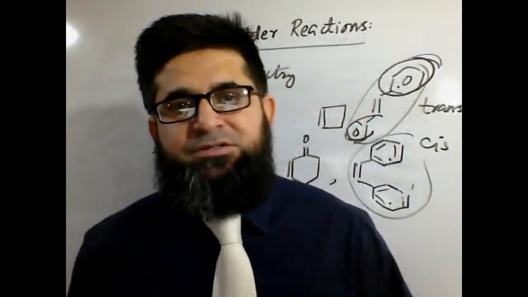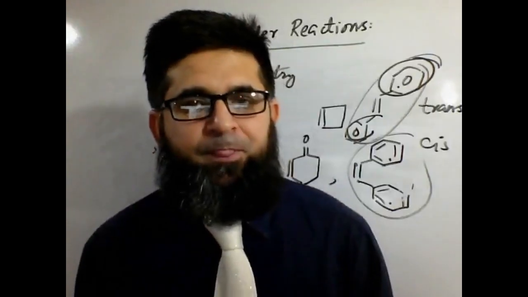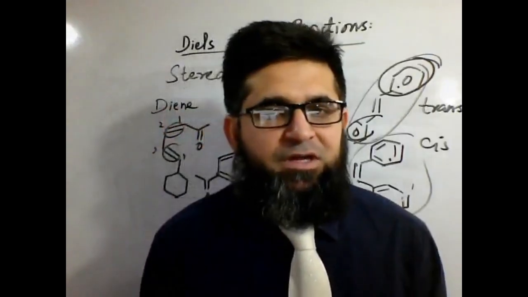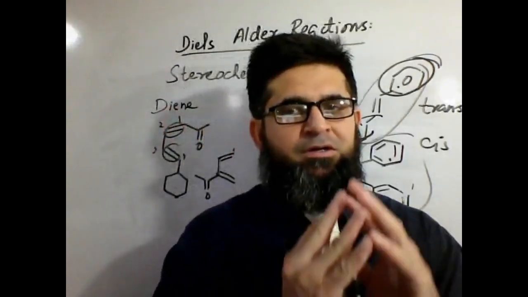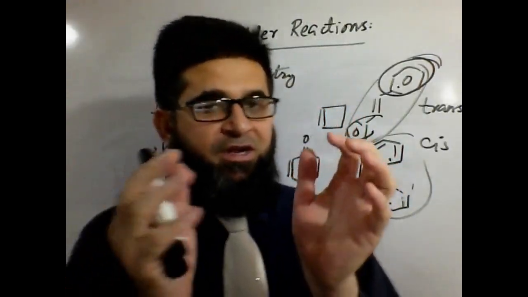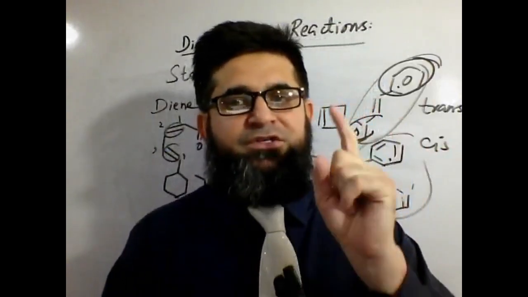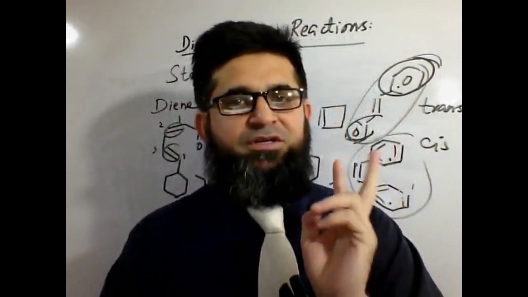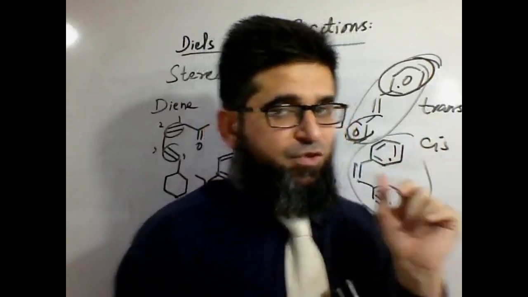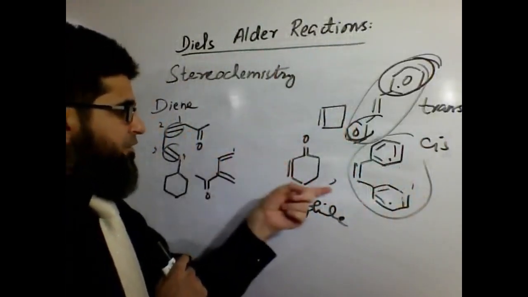Apparently it seems the reaction has very limited applications because, as I said at the start, the requirement is very simple. Not simple, actually limited. The one which carries two double bonds and the one which carries one double bond. That's the requirement. Afterwards, I've shown you a number of dienes and a number of dienophiles.